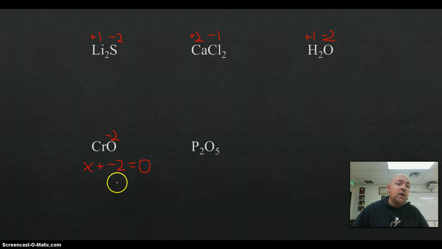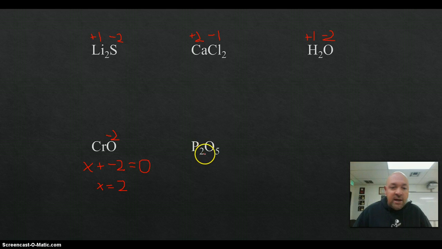And so I can set up my equation, solve for chromium, and when I solve there, I find out that X equals 2. And so chromium there has an oxidation number of +2, and oxygen is -2. It's so simple like that. So I can use it to solve some of those equations.